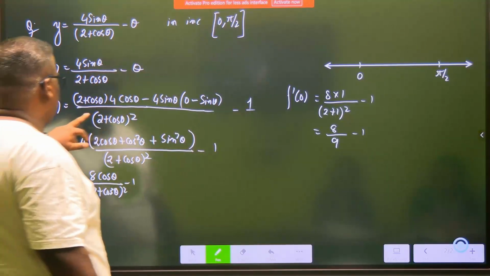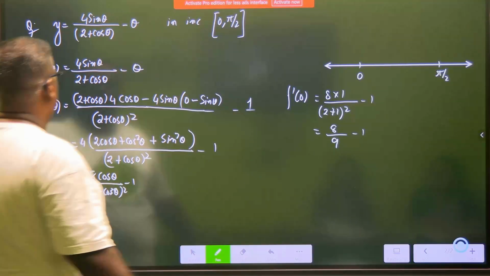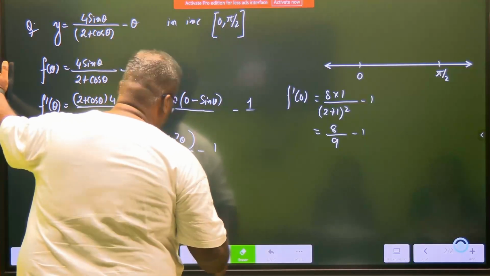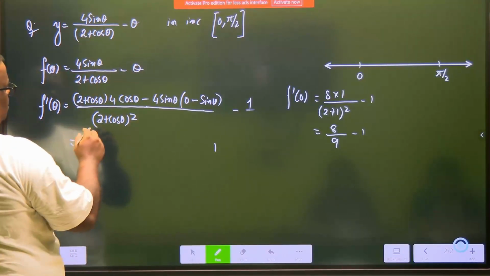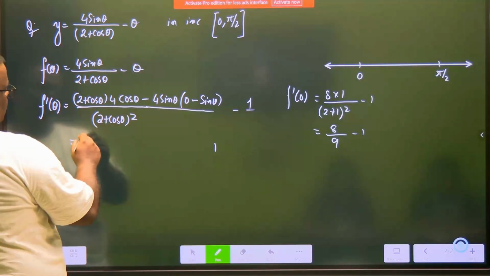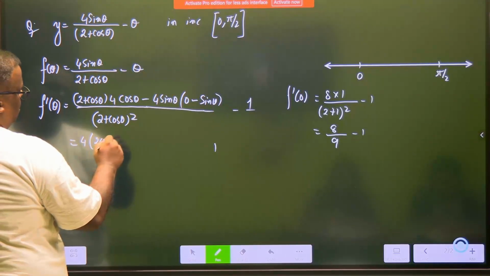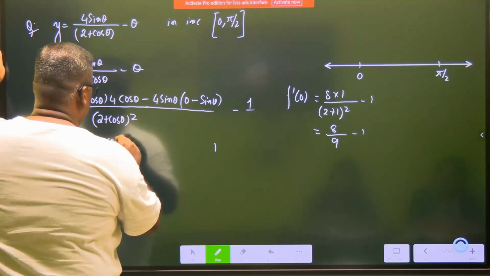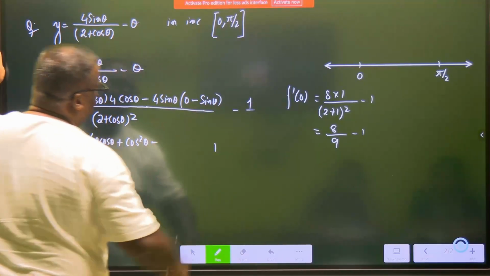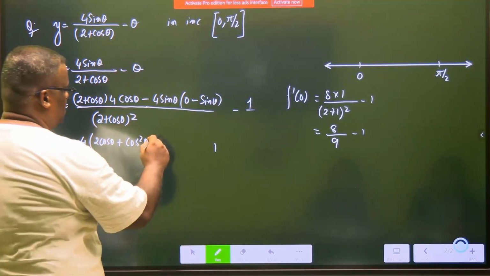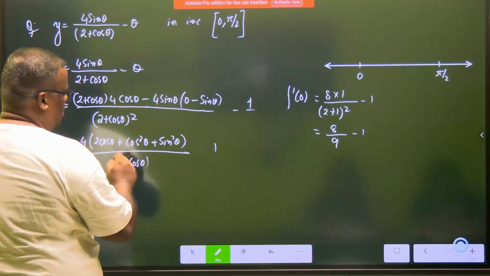Taking 4 common, we have 2 cos theta plus cos square theta minus sin theta into 0 minus sin theta, plus sin square theta, divided by 2 plus cos theta whole square.